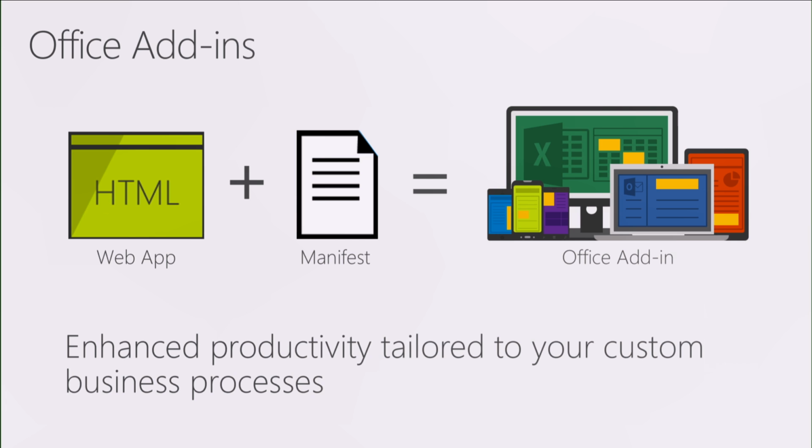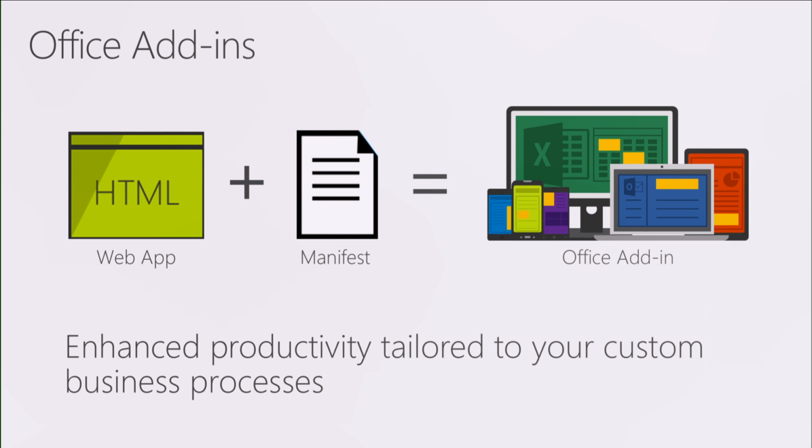So you can take advantage of ASP.NET, Node.js, PHP, you name it. It's just the web. So think about it as just a web app that you're building. The main difference between a standard standalone web app and a web add-in is a manifest, a simple XML file that describes how that web application is going to integrate into the Office UI natively.